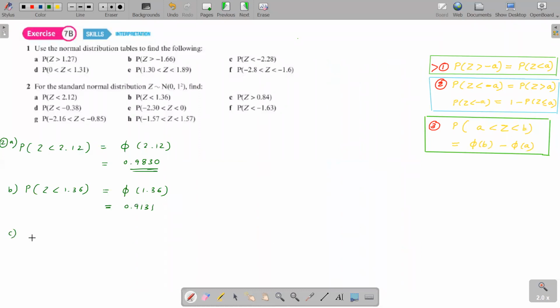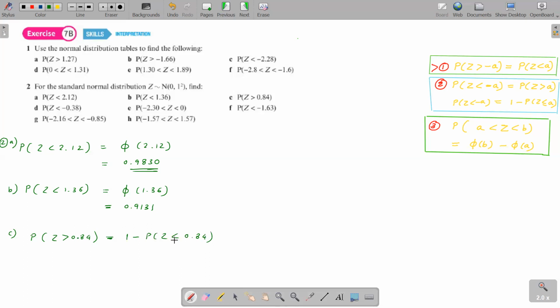Part C, probability Z greater than 0.84. It's a positive Z value. The table doesn't give you greater than probabilities, it gives you less than. So all you have to do is convert: it's 1 minus probability Z less than 0.84. Greater than, you convert with 1 minus and it immediately becomes less than.